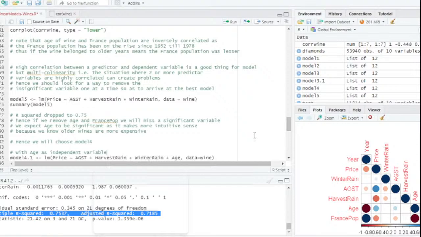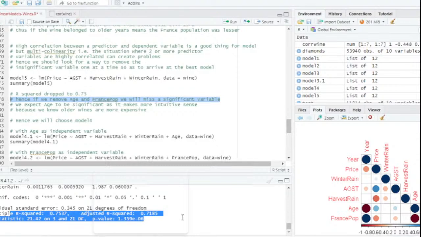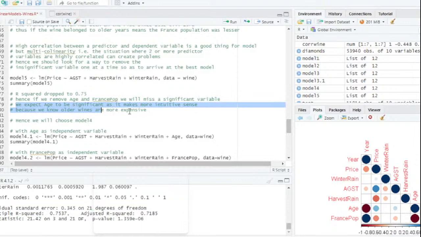They have reduced, right? So it is clearly indicating that if I remove both of them, I am losing out on some value, right? Because my R square and adjusted R square are reduced. But we know age is a significant variable and more intuitive, and industry expertise also vouches for that.